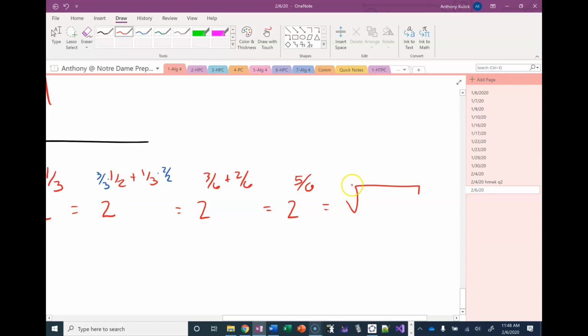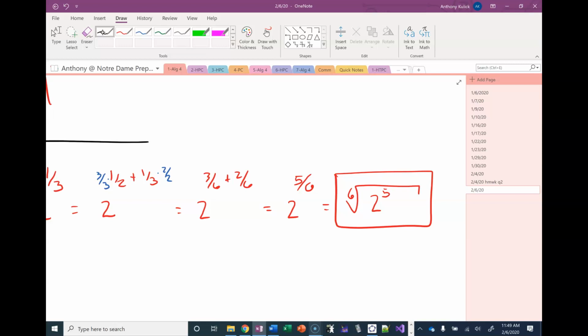What's the index here? 6. Very good. Of 2 to the what power? 5th. Is everybody okay with that?